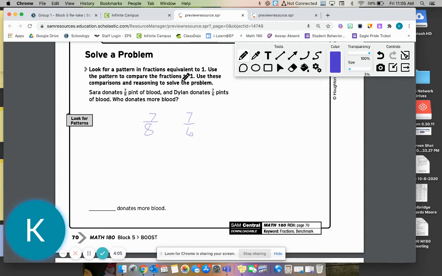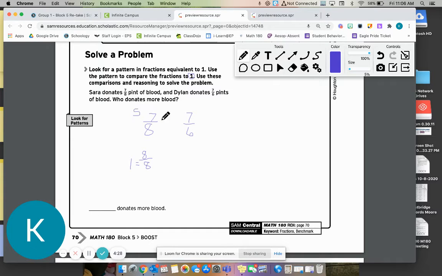Now they are asking us to compare these fractions to the number 1. So we've been talking about this before. Our denominator, our bottom number, is 8. So if I want something that is equal to 1, what fraction would that have to be? 8/8. 7/8 is smaller than that.